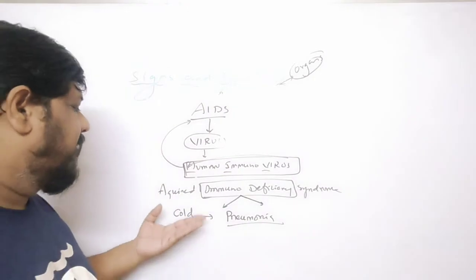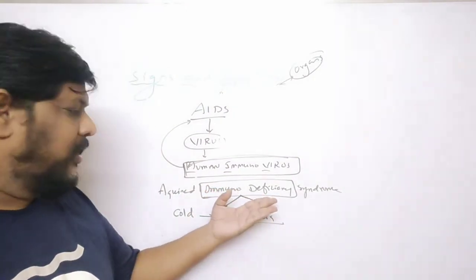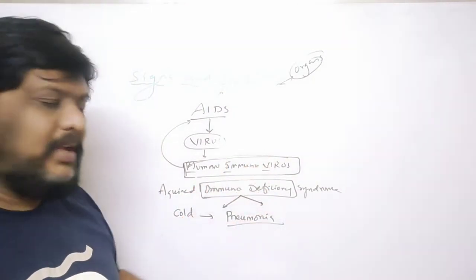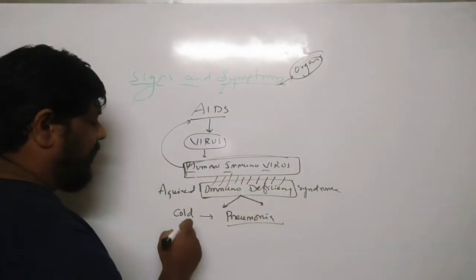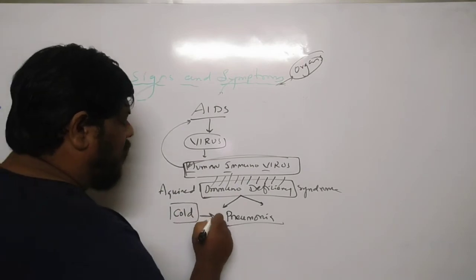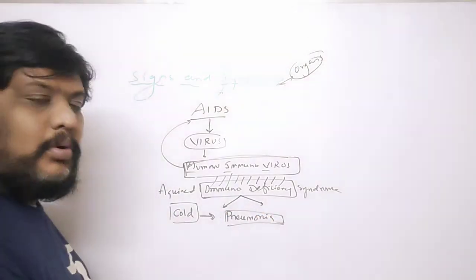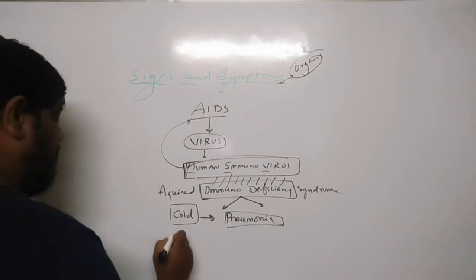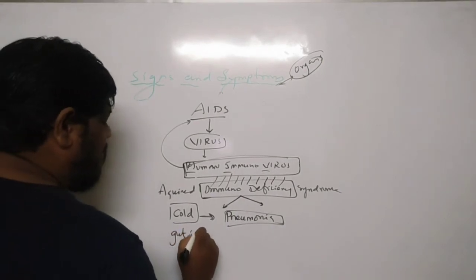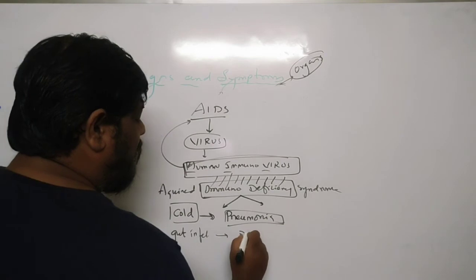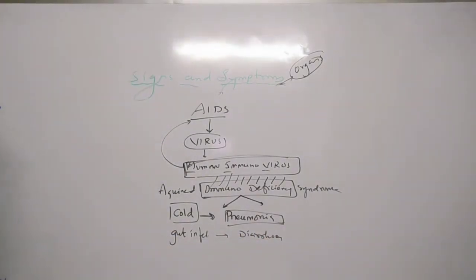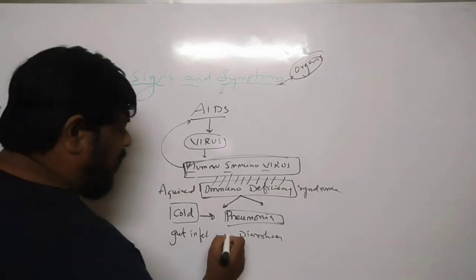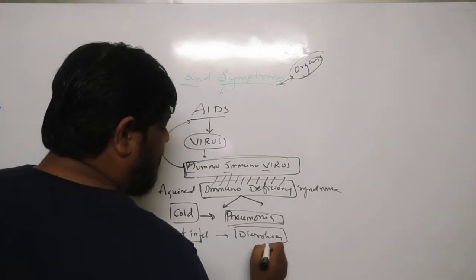But here, because there is no immune system in the body, people who are suffering from HIV have their immune system completely damaged and degraded, and that is why even a small cold will convert into pneumonia. Also, if a person is suffering from a simple gut infection, it will immediately convert to diarrhea.